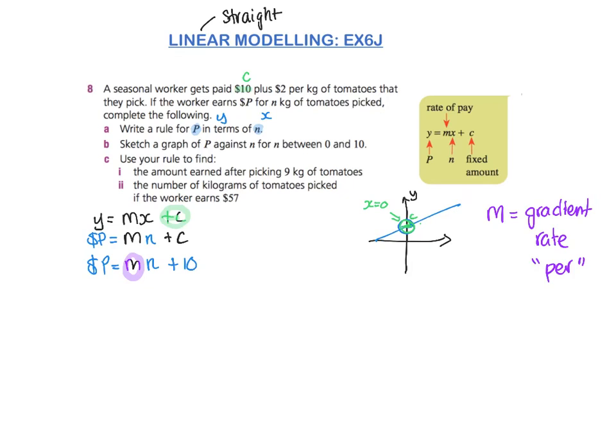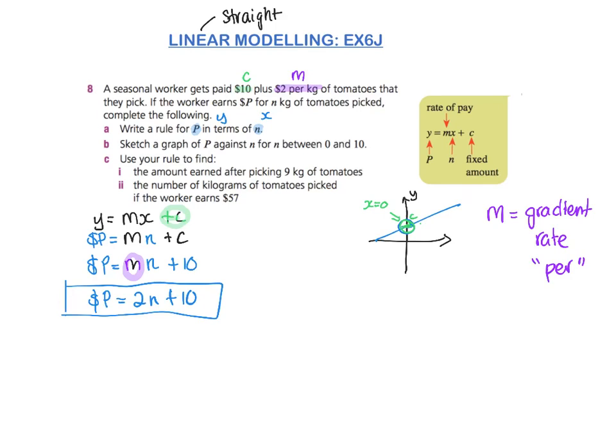Yeah, $2 per kilo. That is your gradient there. So now this is a formula to find the price: the price equals $2 per number of kilos of tomatoes plus 10. Okay, so now we've got the rule. That was the rule for part A.